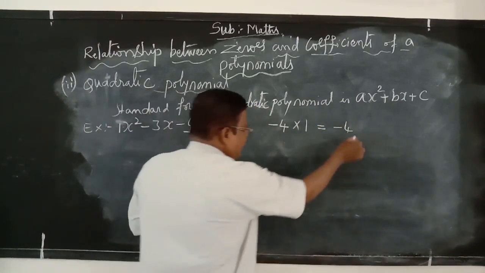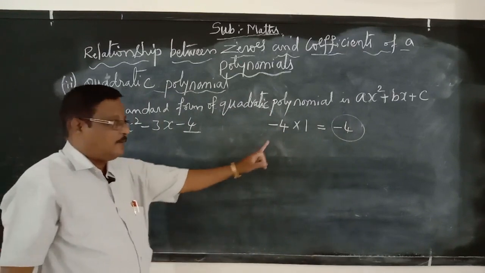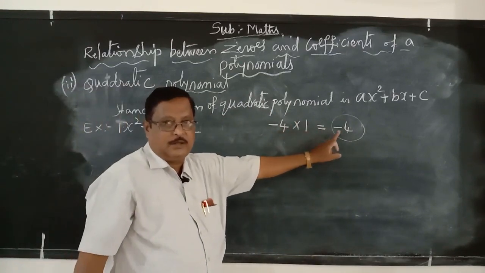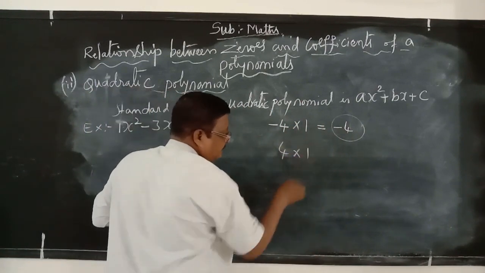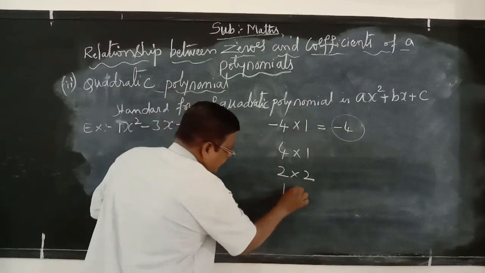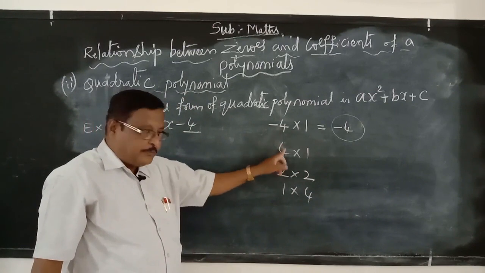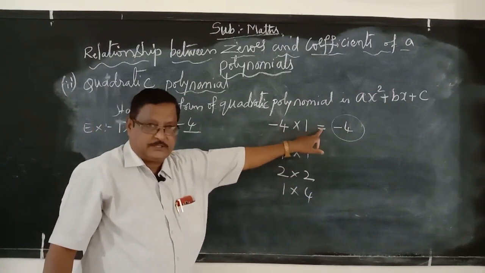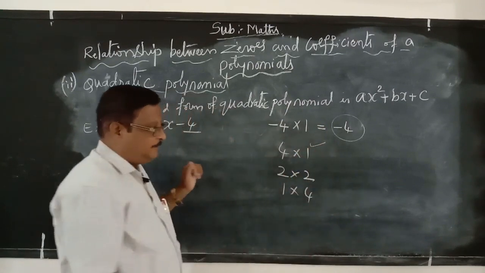For this minus 4, we have to find two multiples of this number. Multiples of this number means 4 into 1, 2 into 2 and 1 into 4. These are the tables. Which one is suitable for this number? Take 4 into 1 first.